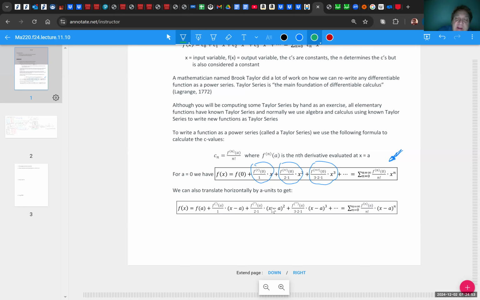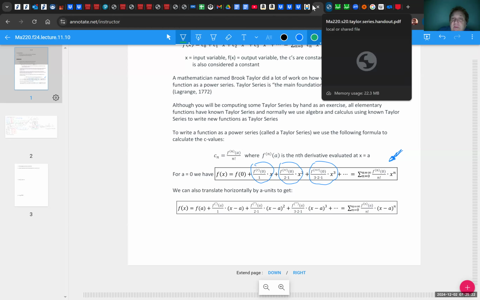So x minus 1, x minus 1 squared, x minus 1 cubed, x minus 1 to whatever power. And then the way we find the constants is we don't plug in 0, we plug in the value a, which was 1. So you plug in the a value of 1 in this situation, and then it's going to be times x minus a instead of just x. So a very similar formula, but you have to change what you plug in, and you don't just write x to the n, you write x minus 1 to the n.